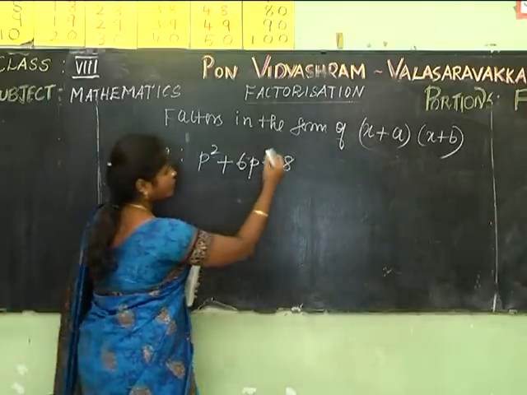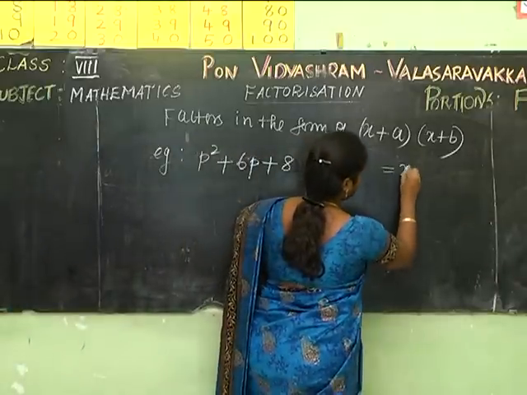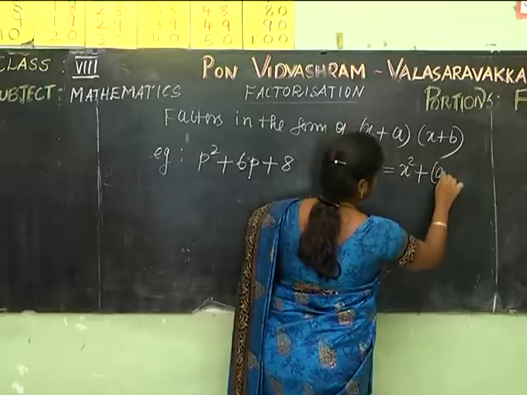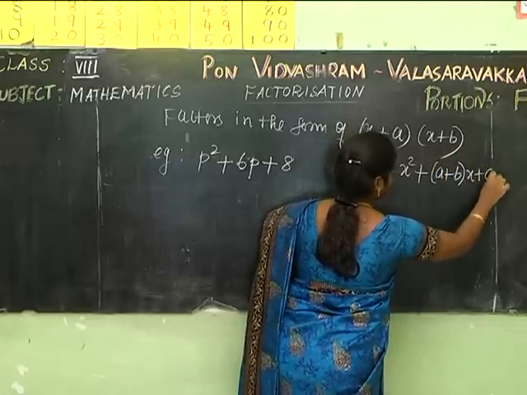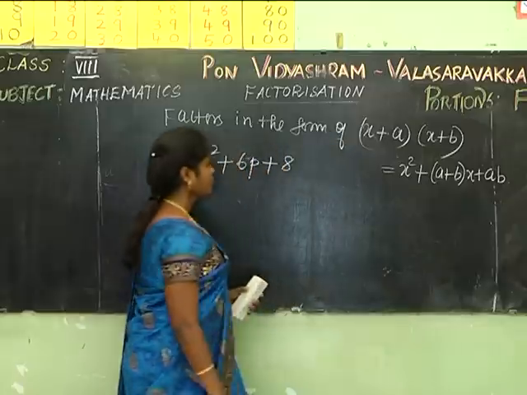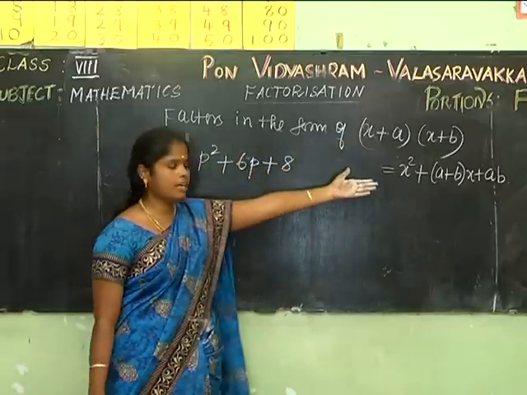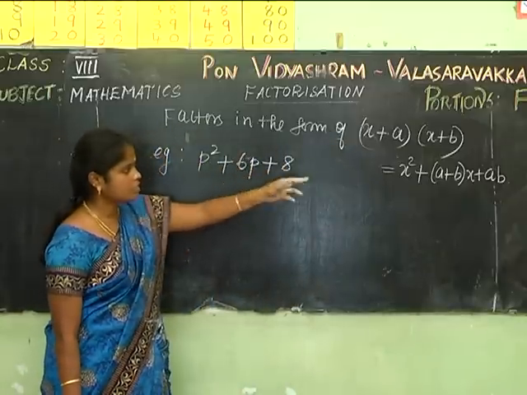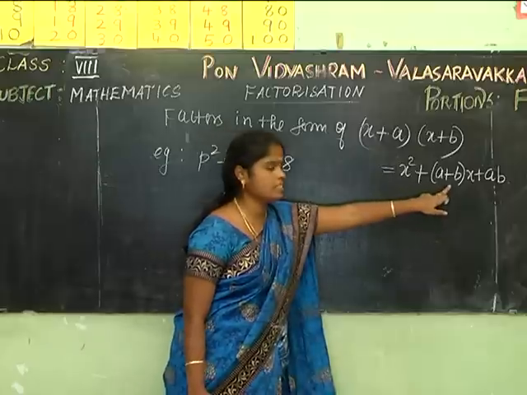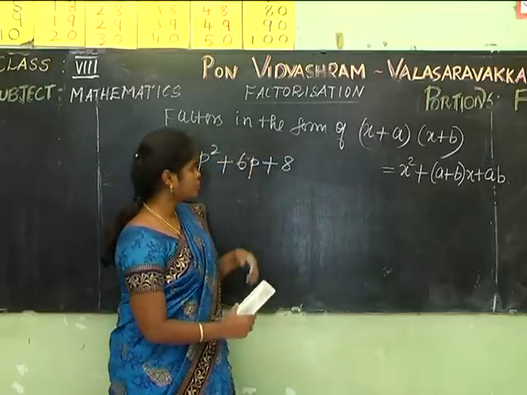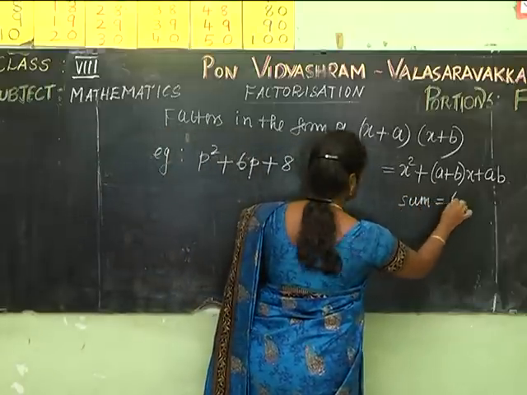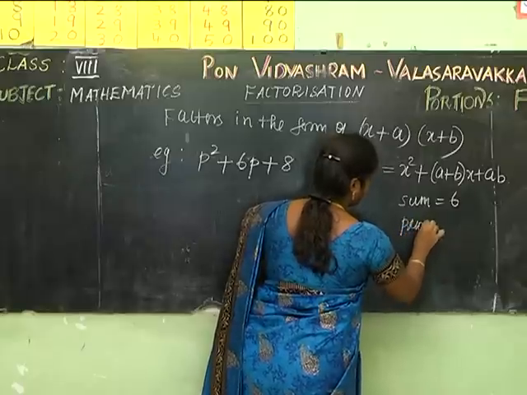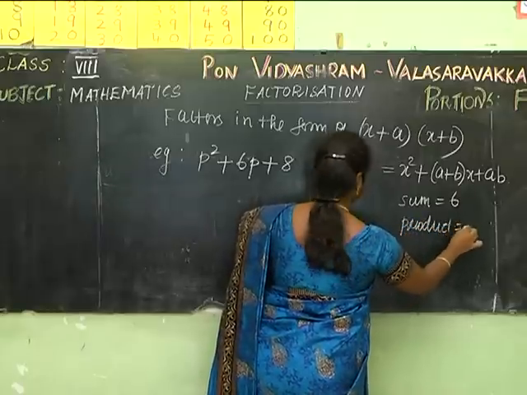So compare with the x square plus (a plus b)x plus ab identity. The middle term should be the sum of a and b, the factors of this polynomial. So the sum of the factors should be 6 and the product of the factors should be 8.